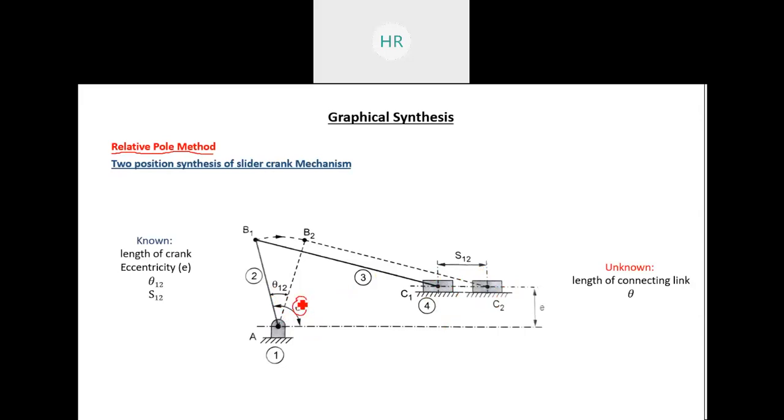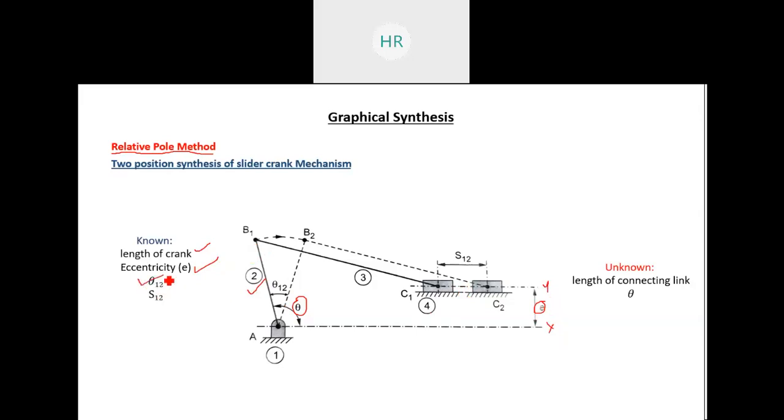So in this, what data will be known to us? Length of crank, this link number 2, crank AB1, its length will be known to us. Eccentricity E, the distance between this X line and Y line, will be known to us.